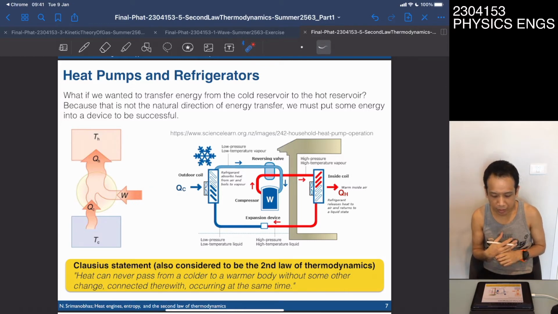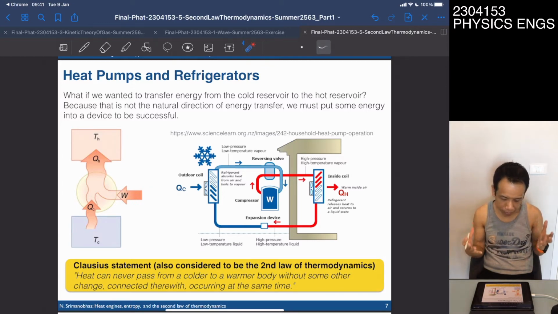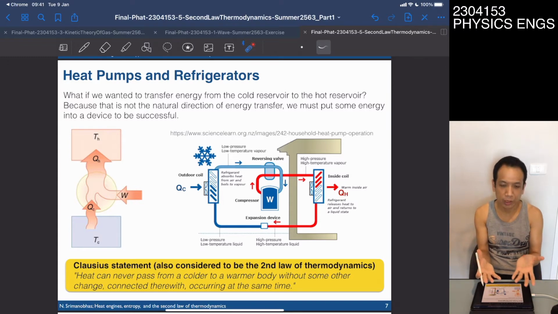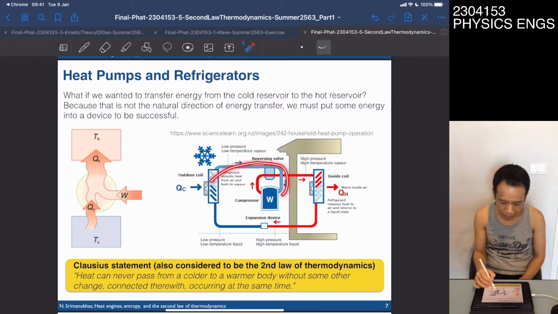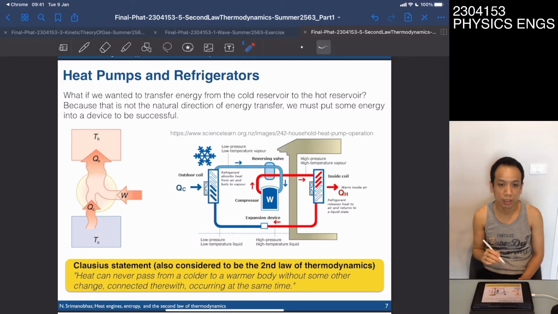So in this case, they take the QC, which is transferred from the outside, which is the colder, and then they are doing some work exchange. So you put the work in to bring the heat in, and then put this heat to the heaters, and then it returns and goes back to this process. Okay, so this is how the heat pump works.